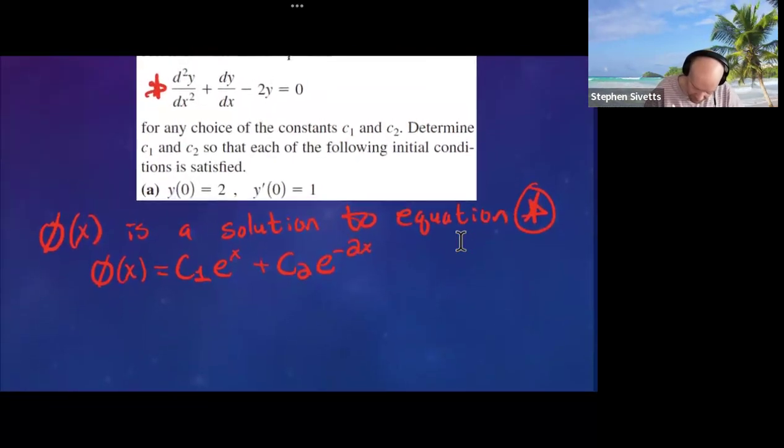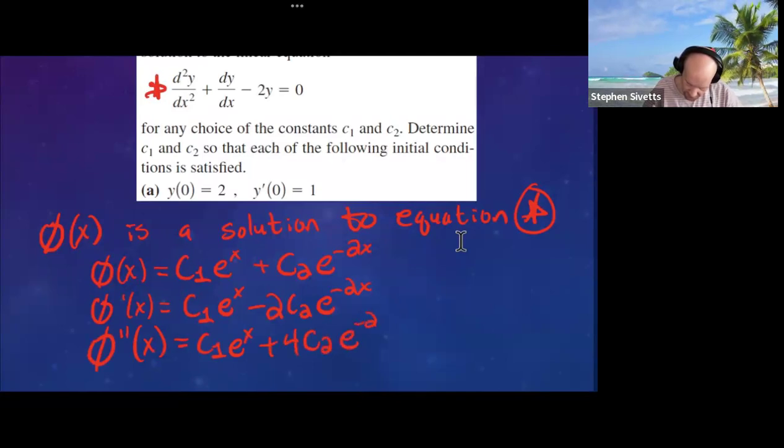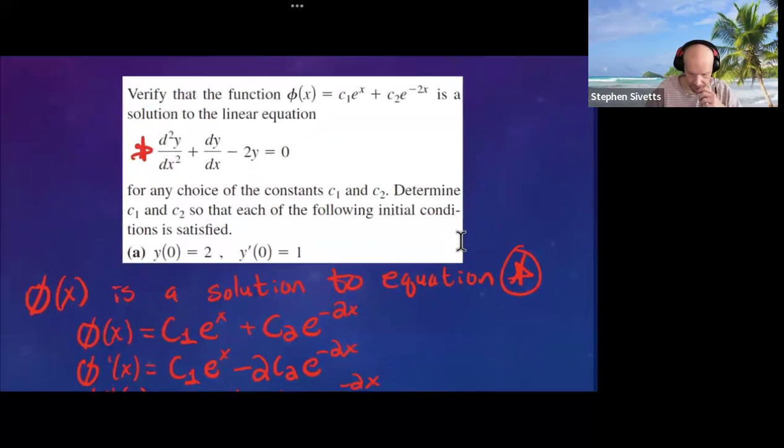That means phi prime of x equals c1 times e to the x minus 2 times c2 e to the minus 2x. We also need the second derivative, since it's a second order differential equation. So the second derivative would be c1 times e to the x plus 4 times c2 e to the minus 2x.